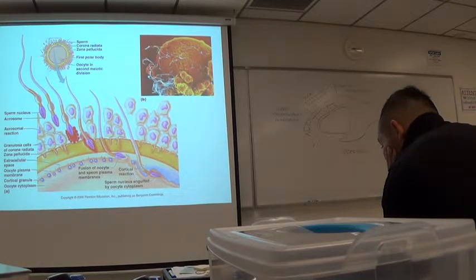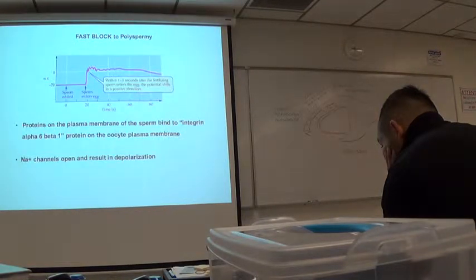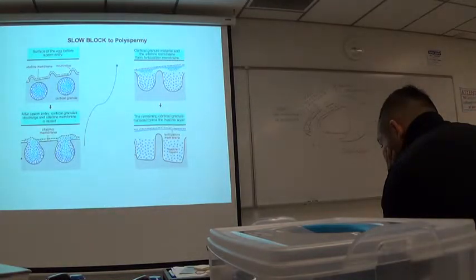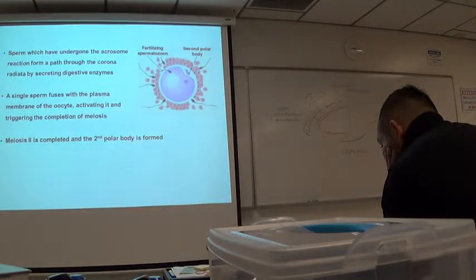You'll be able to see this, if everything works out right, in our sea urchins. You'll see a swelling of the fertilization membrane, which is the equivalent of the zona pellucida, and it hardens. That hardening of the zona pellucida is the permanent structure that prevents sperm from penetrating the egg.